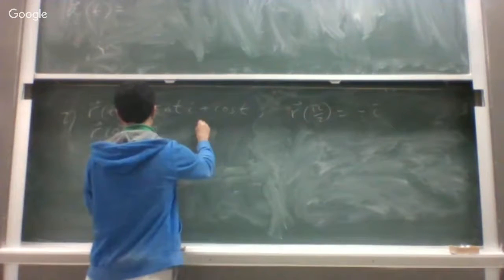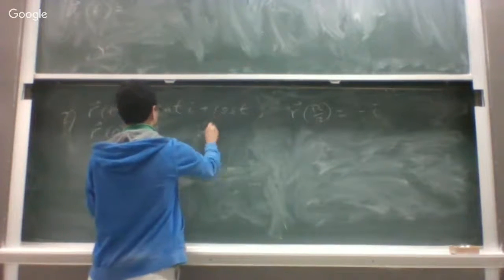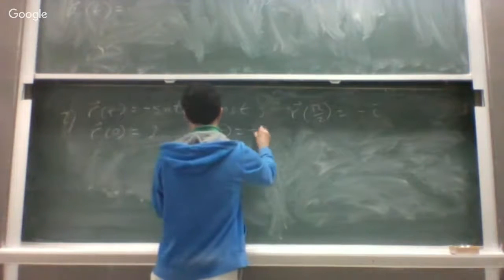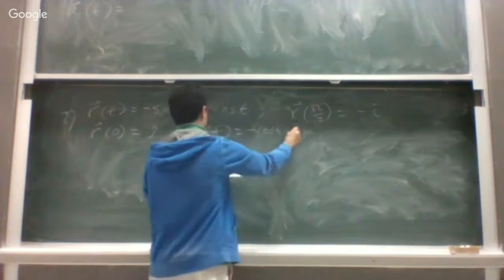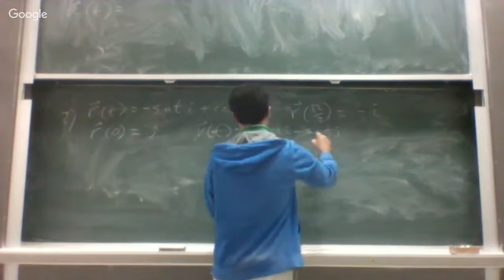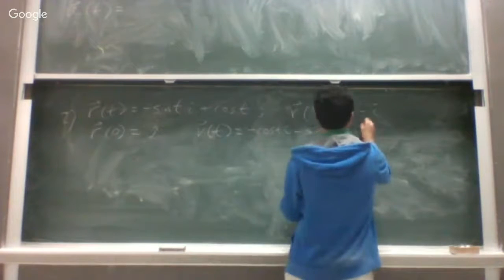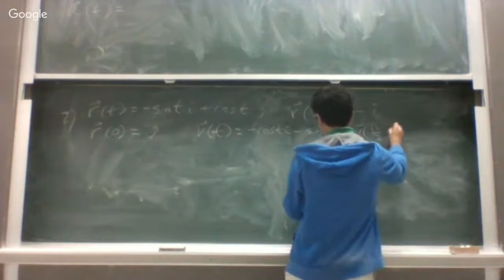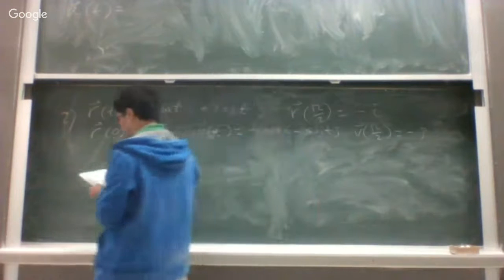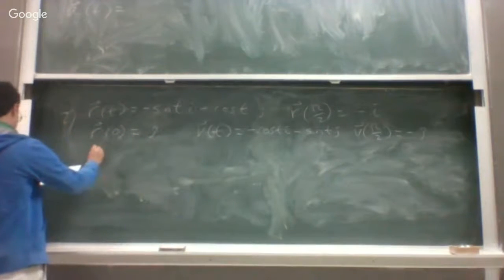Part C is the velocity. So you find the velocity vector, which is taking the derivative, and you get negative cosine of t i minus sine of t j. The velocity vector at pi over 2 is negative j. So all of this is easy, but I want to show you guys the graph.